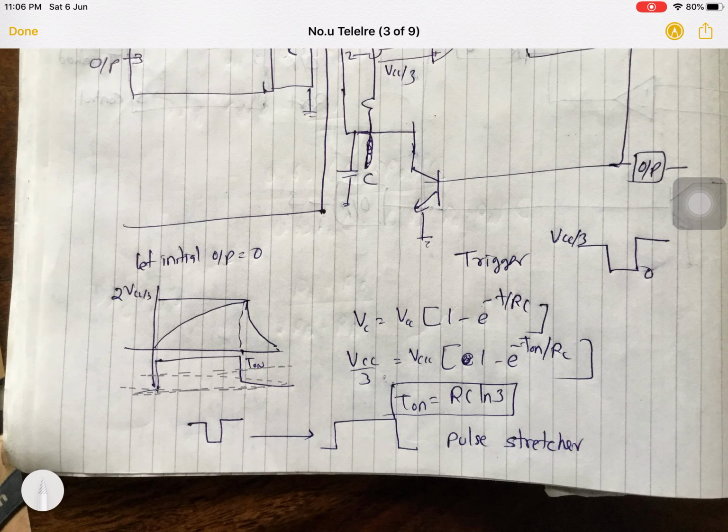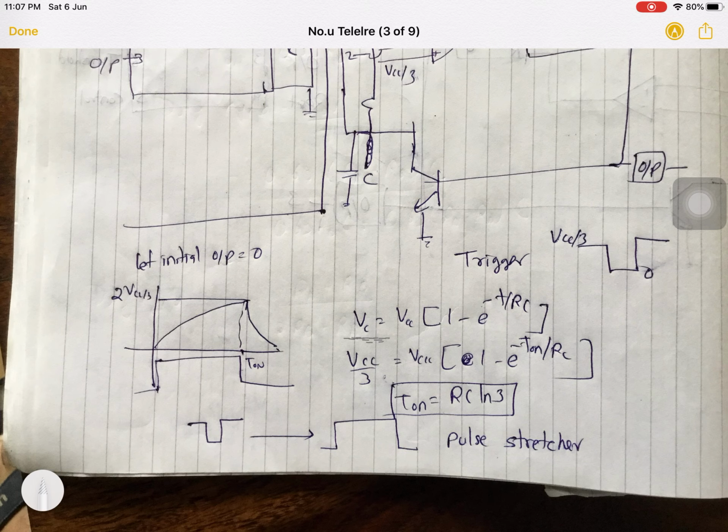See this curve. This is when the capacitor is charging. As soon as the capacitor starts charging from 0 up to 2 VCC by 3, as soon as it reaches 2 VCC by 3, it starts declining and the output wave shifts. So this is the charging equation of a capacitor. Any capacitor, when it is charging, is represented by this equation.